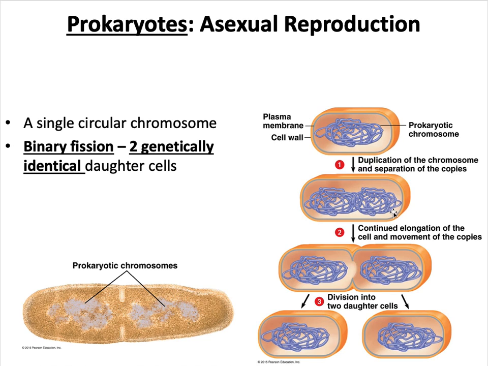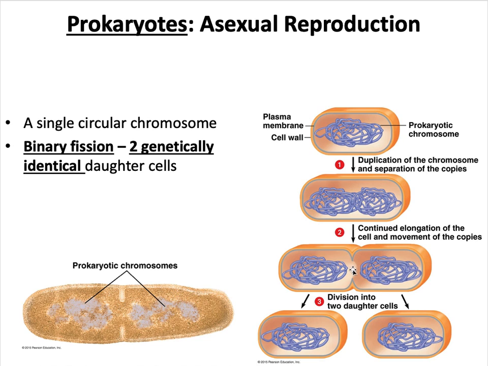Now, why is that important? Well, if it splits into two, that means each bacterium will need its own chromosome to survive. So we have the chromosome or DNA replication, and then we have the plasma membrane and cell wall.